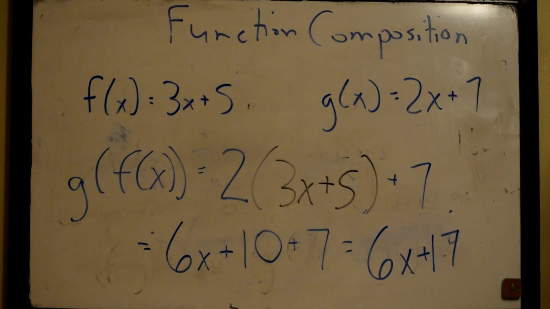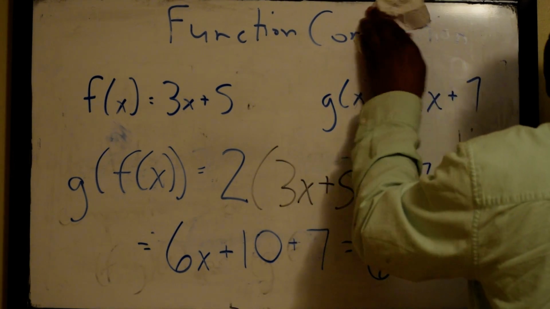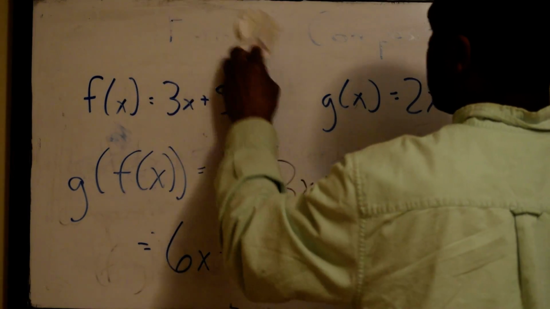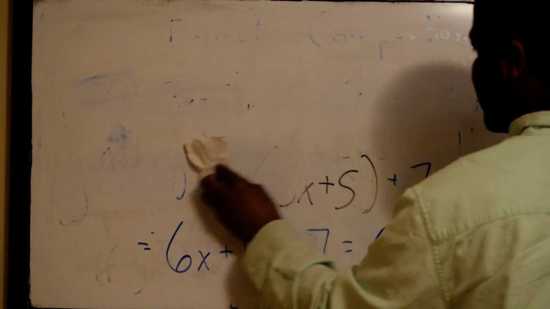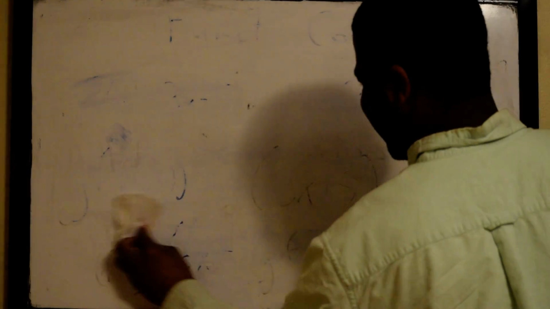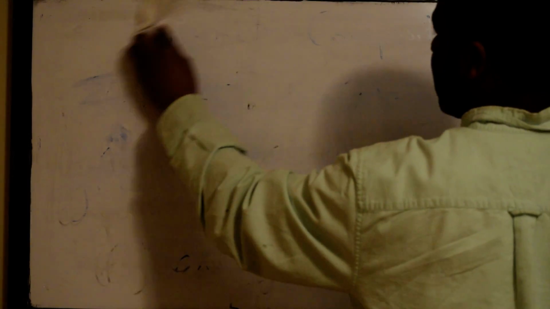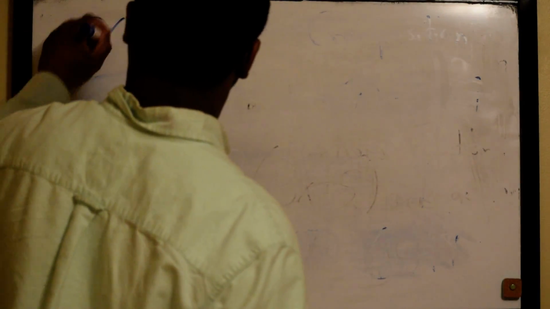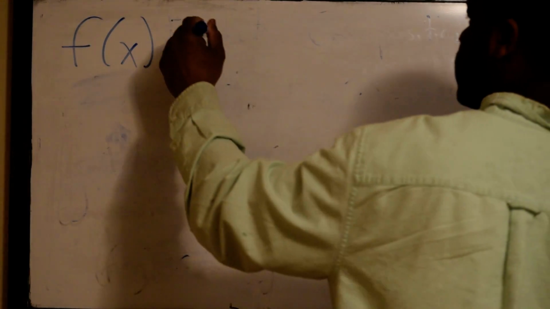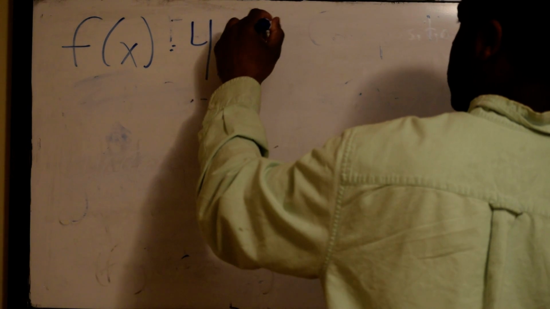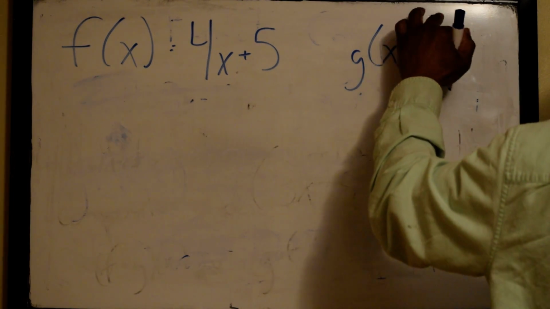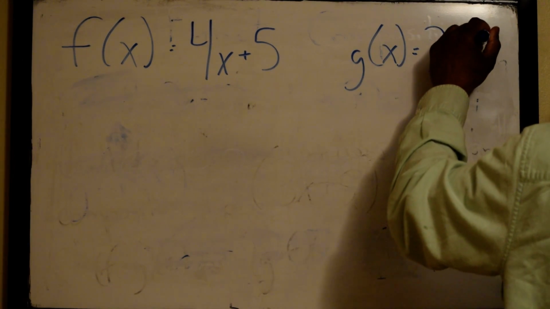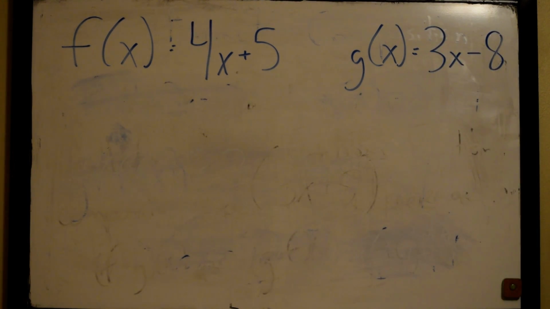Let's look at another example. So say f of x is equal to 4x plus 5, and g of x is equal to 3x minus 8.